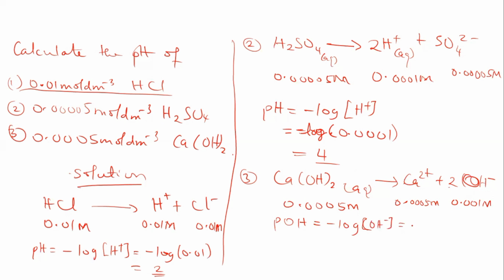So that is minus log 0.001, which is 3. All right, so therefore we know that pH is going to be 14 minus pOH, from equation 2 earlier. So pH is going to be 14 minus 3, and that is going to give us what?